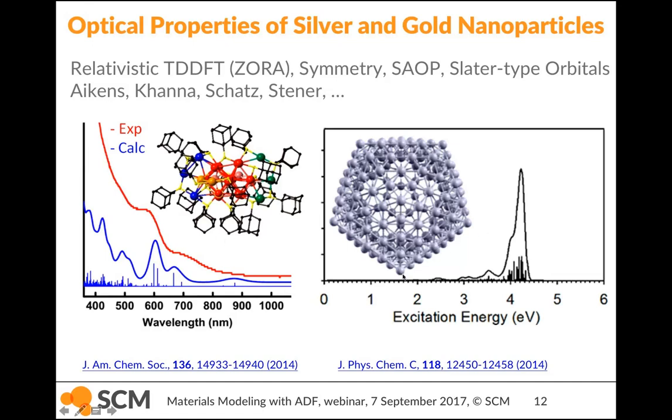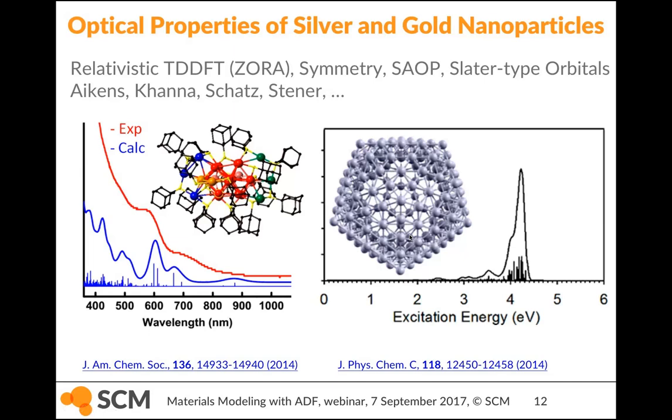Here are 2 examples from, I think, the Steiner group. This is a gold nanoparticle capped with sulfur groups, comparing the experimental UV-vis absorption spectrum and the calculated one. You can see it's pretty reasonable agreement. And here's an optical spectrum of a large silver nanoparticle of a few hundred atoms. At that time, they were able to do that because it had high symmetry.